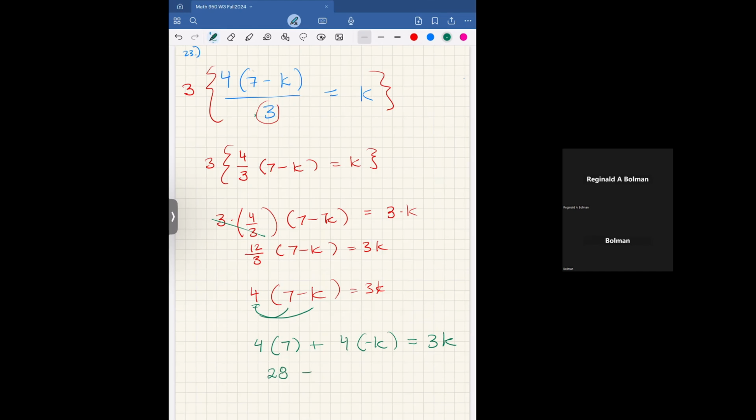Positive times negative is negative, so 4 times k gives you negative 4k. At this stage, you can just add 4k to both sides. We'll have 28 plus 0 is equal to 7k. 28 is equal to 7k, and you're at a one-step linear equation.